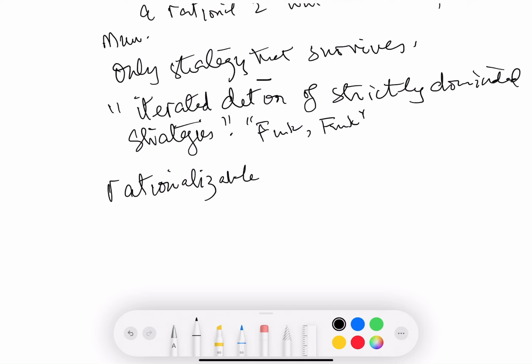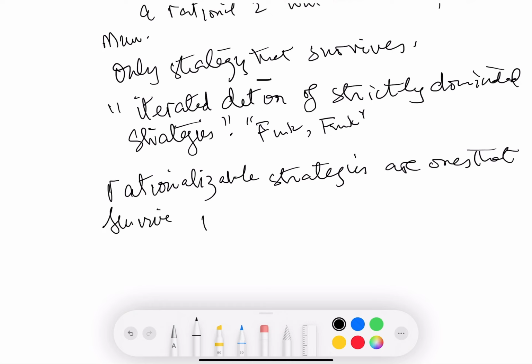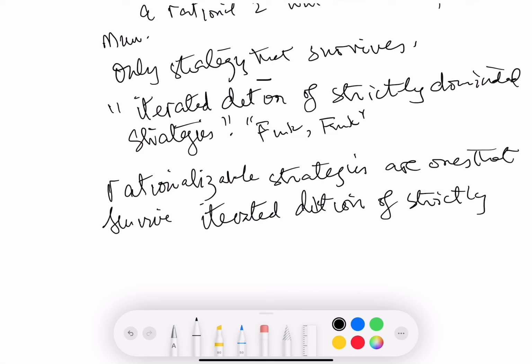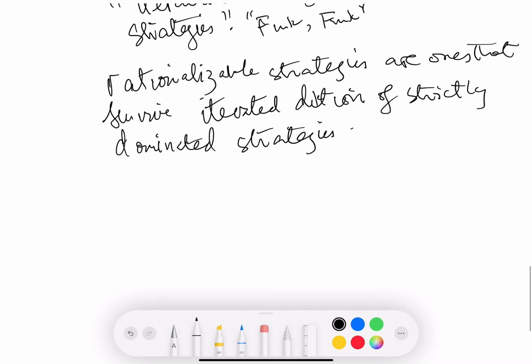Rationalizable strategies are ones that survive iterated deletion of strictly dominated strategies. Okay? So in our case, in PD, the prisoner's dilemma, this process leads to a unique outcome. Now that's not always the case.